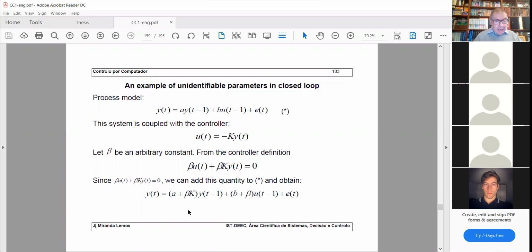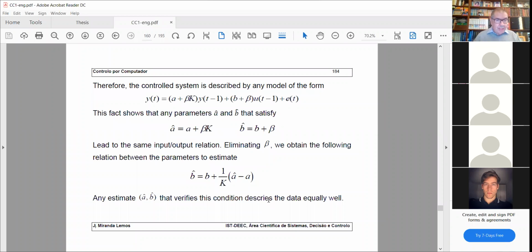So if you eliminate beta, your B estimate and your A estimate are related by this expression here.